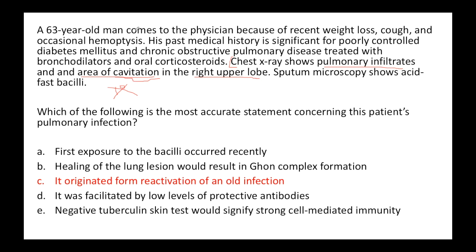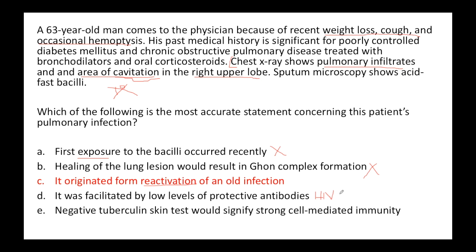And what most likely is occurring is that there is a reactivation of some old infection going on with your active symptoms here. So on first exposure, you wouldn't see cavitation. Healing of the lung lesion, you wouldn't see the active symptoms.